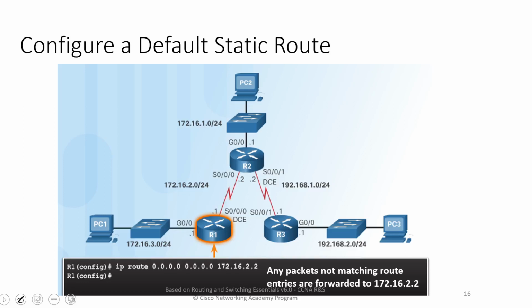So in this case, if we configure a default static route in, say, R1, and if R1 doesn't have any packets that are matching any entries that it has, it will always forward those packets to this particular router. So we will specify this, and that is the default static route that we have.